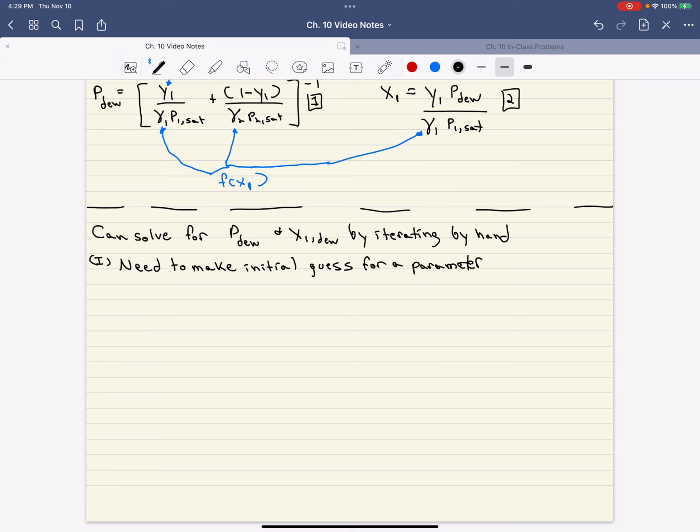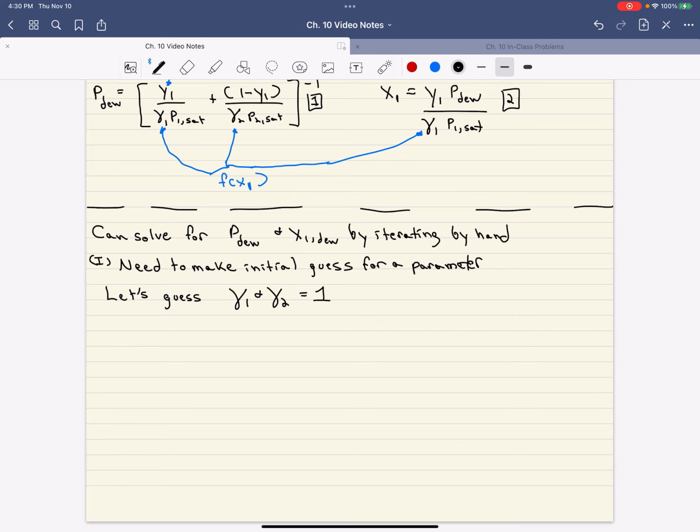Okay? And so what we're going to do is we're going to guess that gamma 1 and gamma 2 are both equal to 1. Okay? All right, we're going to assume that they're both equal to 1. So essentially we're saying we're dealing with an ideal solution. All right? So we'll make those guesses for gamma 1 and gamma 2.